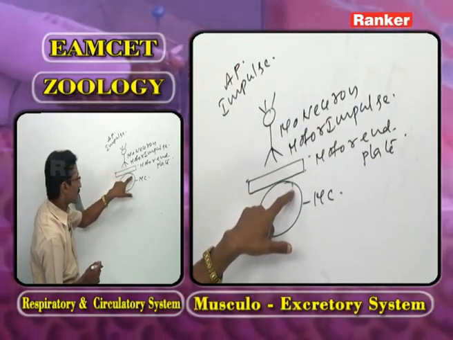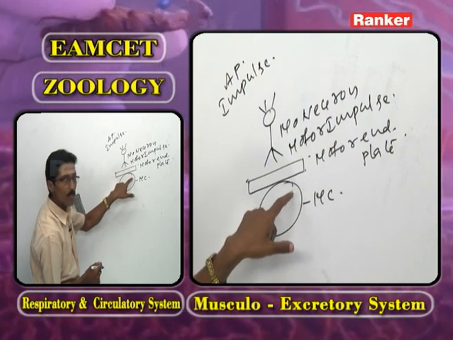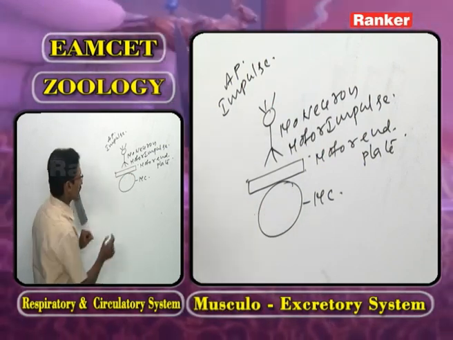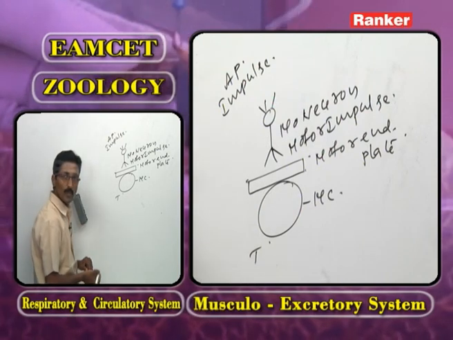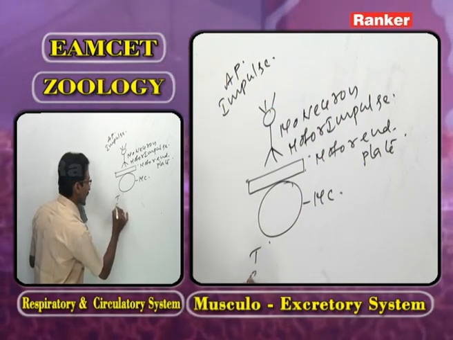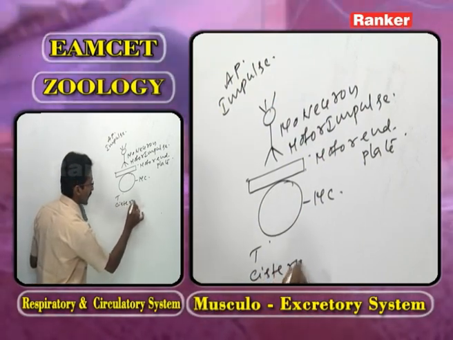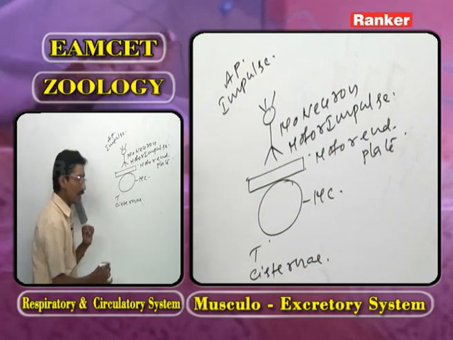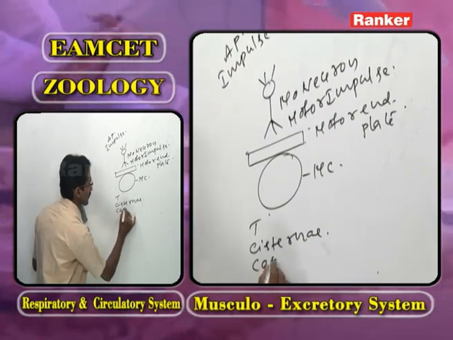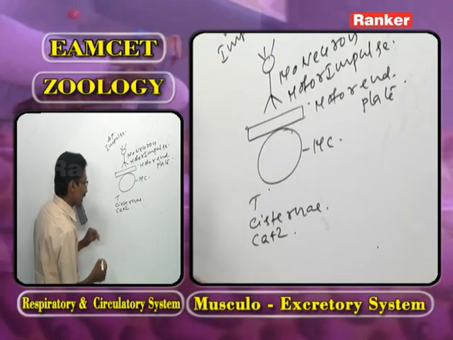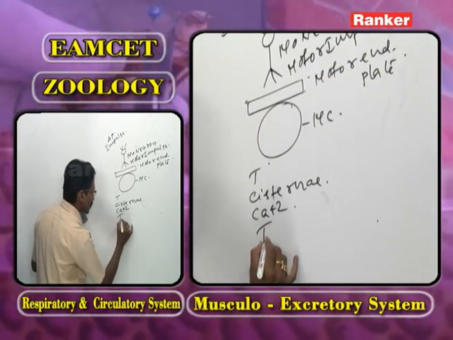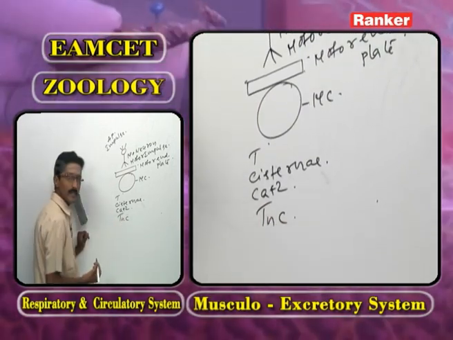Now, what is excited? The sarcolemma. Then what is excited? The T tubule. Then what is excited? The cisternae. Now what will be released? The calcium ions. The calcium ions are attached to TnC.